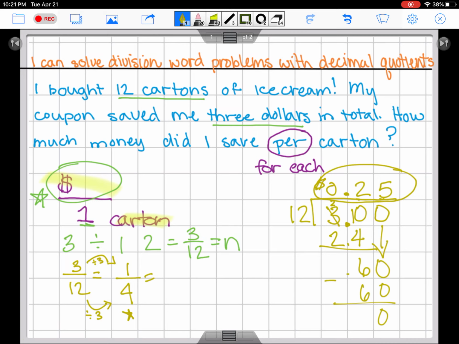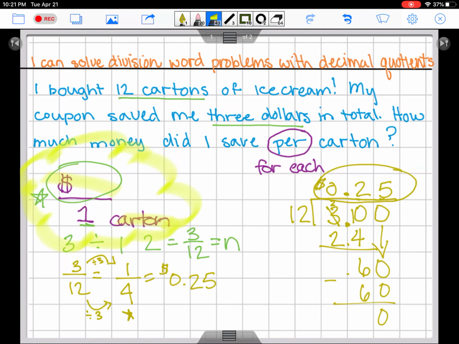So here's our quotient. And no, we're looking for money, so we'll stick in a little dollar sign there. And if you recall, when we simplified our fraction, we said it was equivalent to 1/4. Well, remember 1/4 is a benchmark fraction that equals 25 hundredths. So that is very nice.